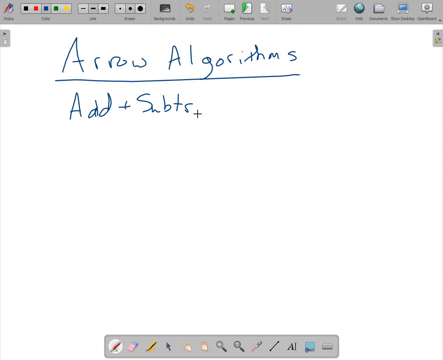So if we had something like 5/12 plus 7/20, the arrow algorithm says to multiply across the denominators for a new denominator. 12 times 20 would be 240 in this case.